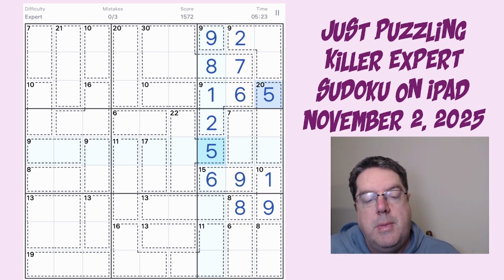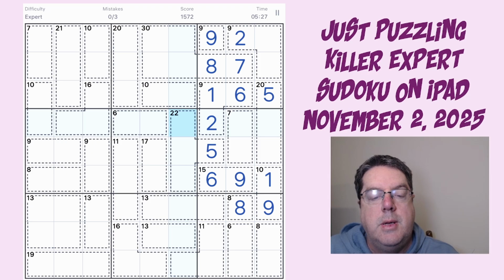Alright, so now I can use my rule of 45, because 22 minus 5 is 17, plus 17 is 34. Is this right? Yep. So 17 plus 17 is 34, plus 6 is 40.